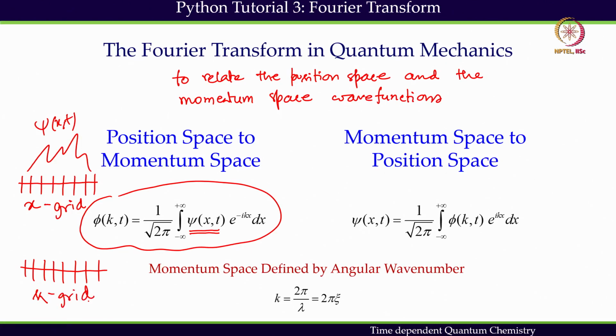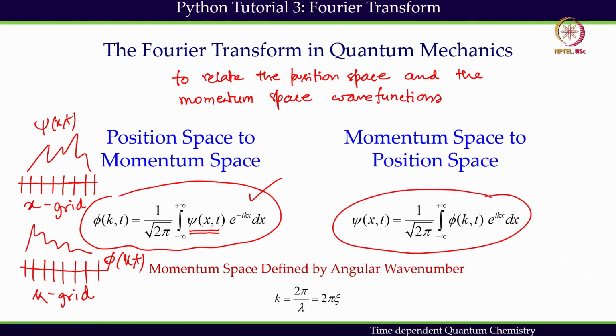The k grid represents the momentum space, and there we have to find the representation of the wave function, which is phi(k,t). The inverse Fourier transform then gives me momentum space back to position space. So, one can convert between these two representations very easily by doing this Fourier transform.